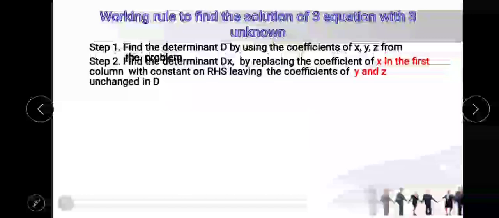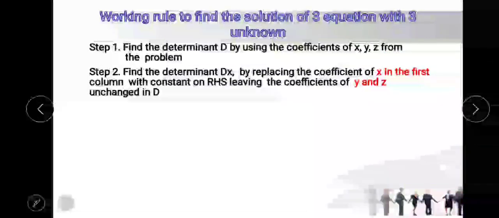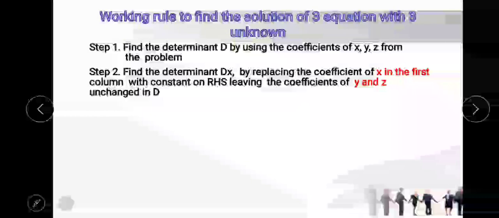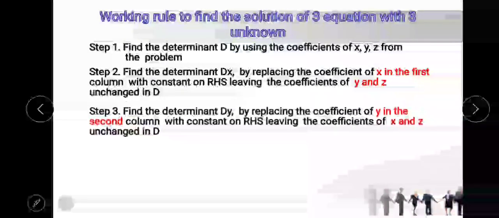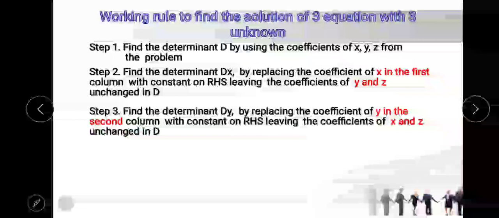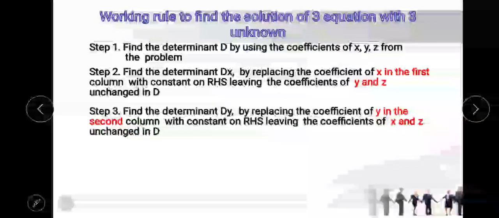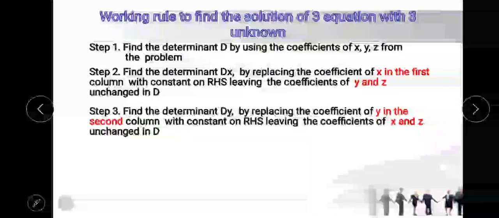So the working rule: find first the determinant d by using the coefficients of x, y, z from the question. Then find dx just by replacing the coefficients of x in the first column with the constants on the right hand side, leaving all the coefficients of y and z unchanged in d. Similarly, to obtain dy, just replace the coefficients of y in the second column with the constants on the right hand side, leaving the coefficients of x and z unchanged in d.